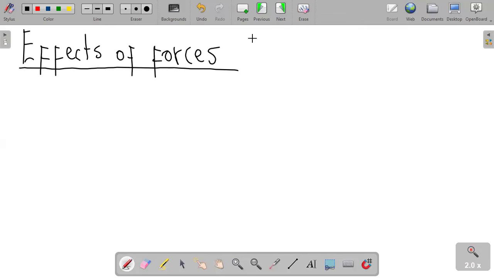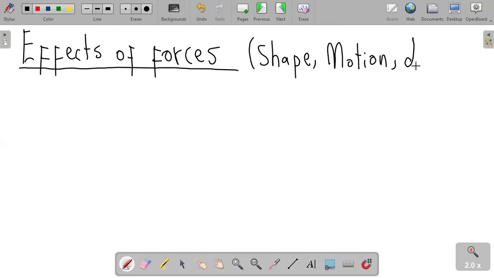Effects of forces, so they have an effect on shape, they have an effect on motion, and they have an effect on direction.